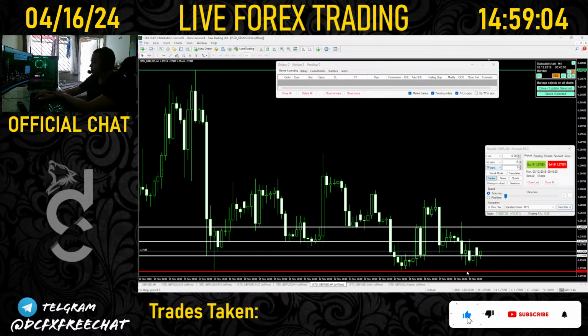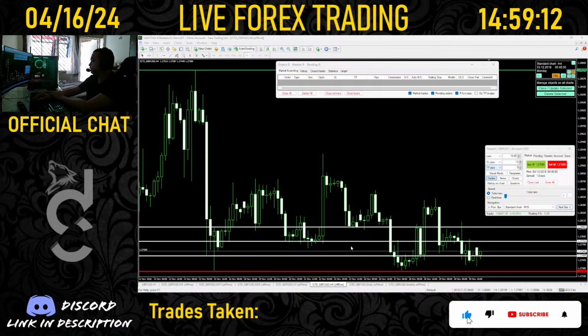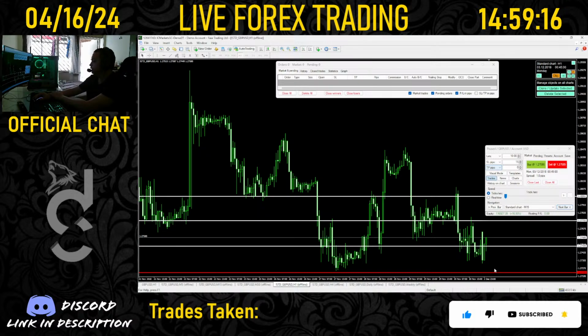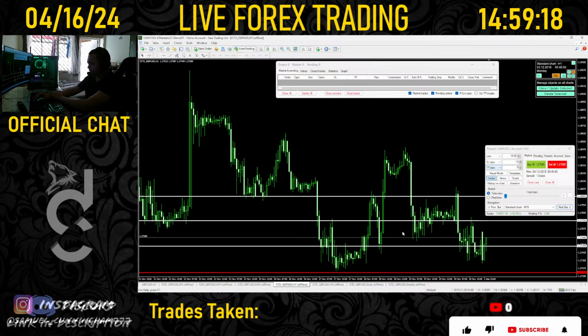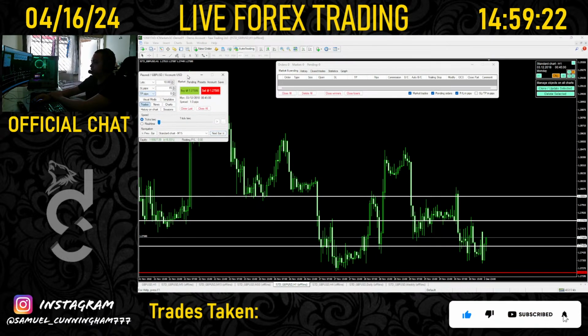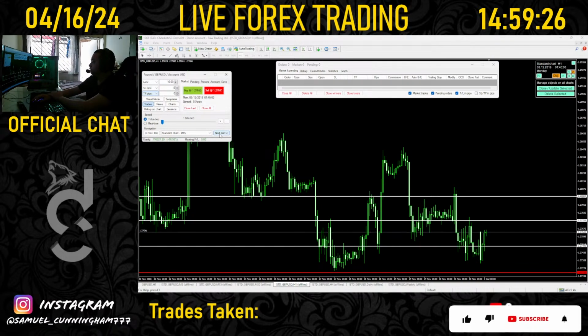H4 looking a little bearish, but it looks like we formed a support almost, right? It looks like we're in a support area now, so we're just gonna look and see whether we break market structures or what, to see if we can get some other trades. So what is this, 1 o'clock in the morning?